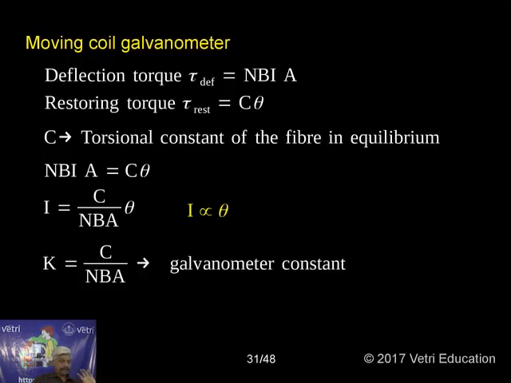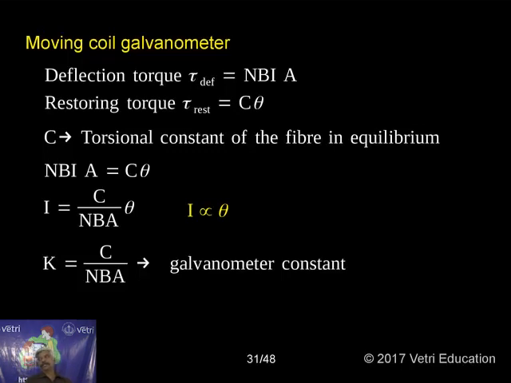So when it turns, that is called the deflecting couple. When it comes to the original position, that is the restoring couple. At equilibrium, the restoring couple is equal to the deflecting couple. That is the principle I am adopting. Deflecting torque is NBIA, as we have just seen. Restoring couple is C theta, where C is called the torsional constant of the fiber.